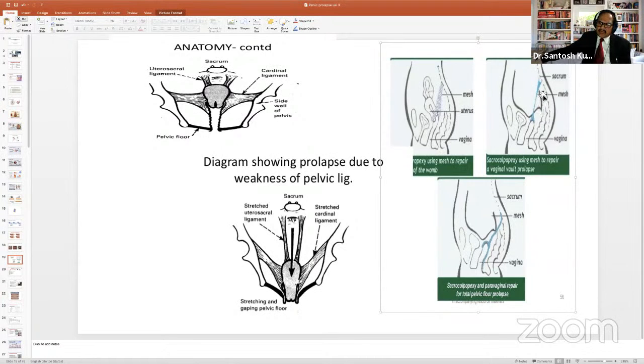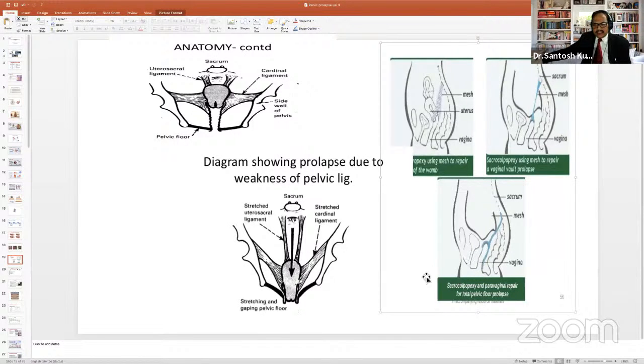When the uterosacral ligament is divided and weakened, you are supporting the vagina, that is the colpos, with the sacrum. So this is sacrocolpopexy with mesh. This can be done by open surgery, robotic surgery, or laparoscopic surgery.